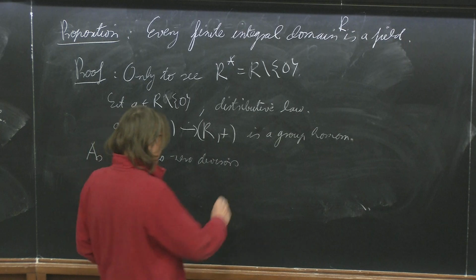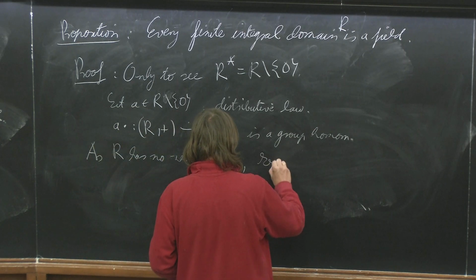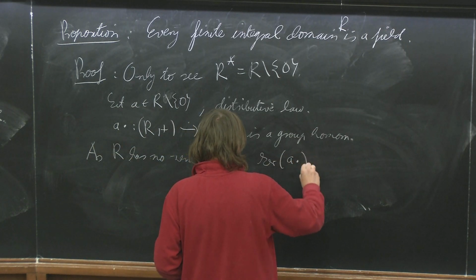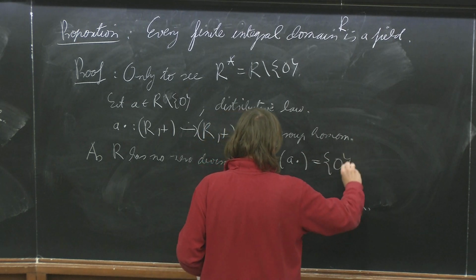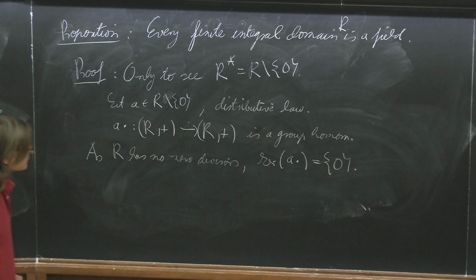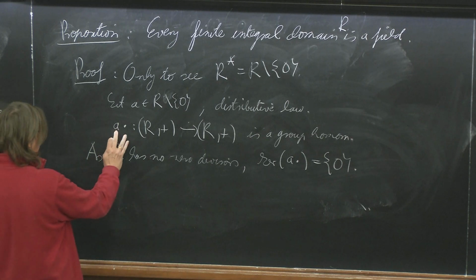So that means the kernel of the multiplication by A is 0. Thus this multiplication is injective.